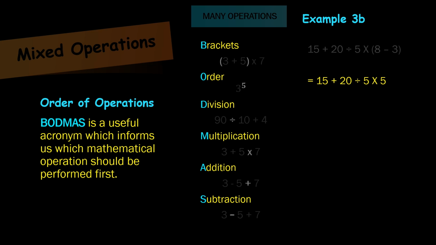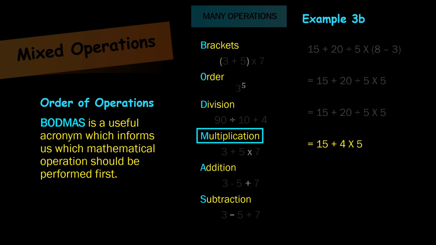There is no order or power, so we move on to the next operation, namely division. There is a division, namely 20 divided by 5. This equals 4, and we substitute that in place of 20 divided by 5.